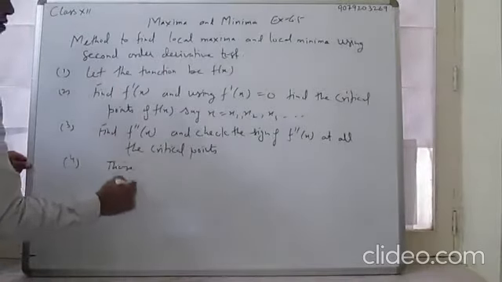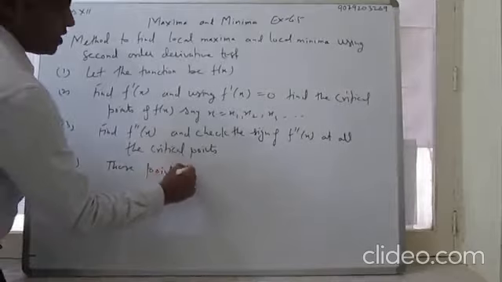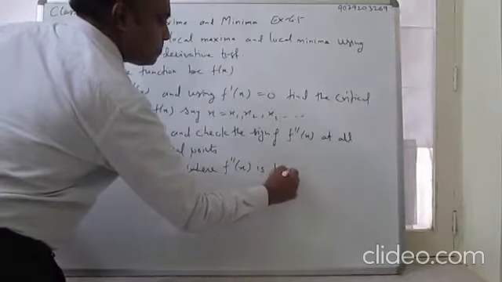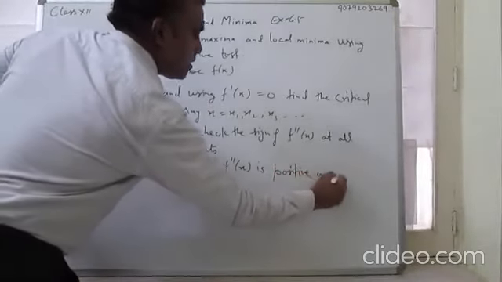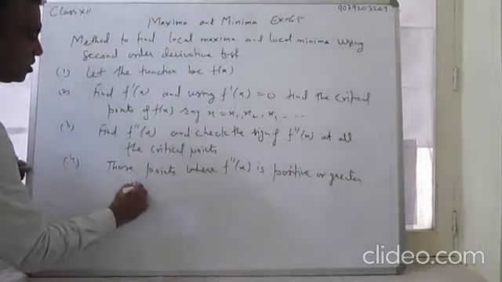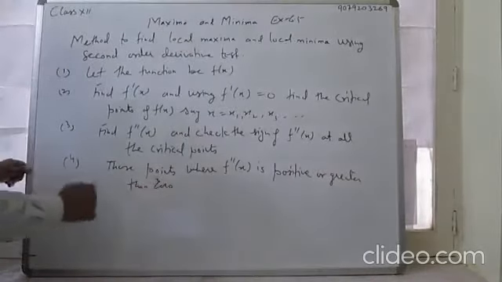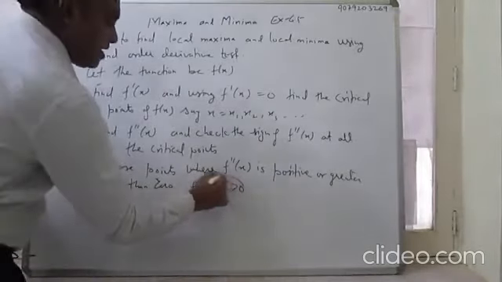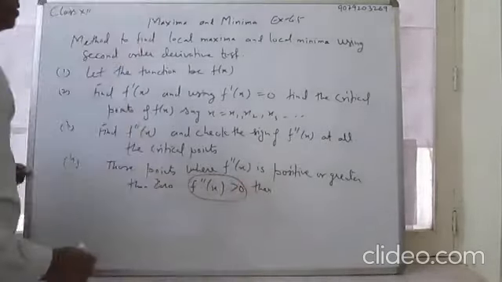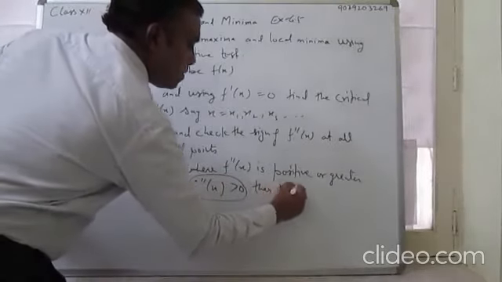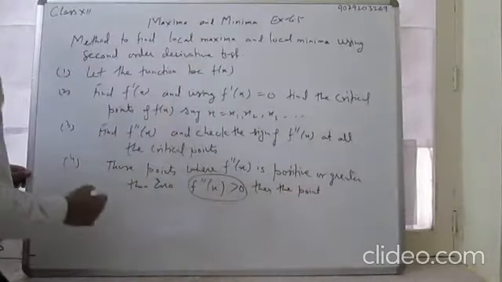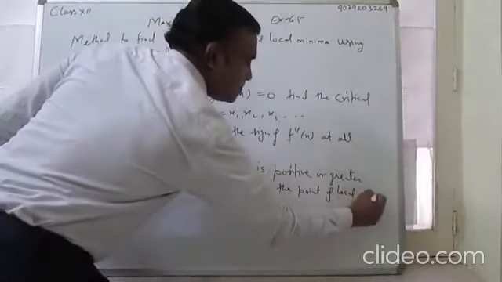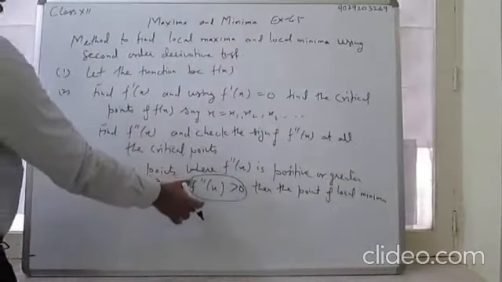Those points where f double dash x is positive, or greater than 0, f double dash x greater than 0, this condition holds, then the point is a point of local minima, and the function has a local minimum.